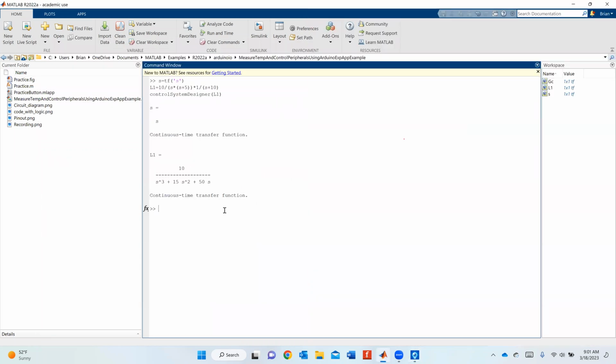Here, we're going to have our Gc equal to 9.0415 times s plus 0.05, divided by s plus 0.0045. Then we need to open the control system designer of the open loop system, so it's going to be L1 times Gc here.